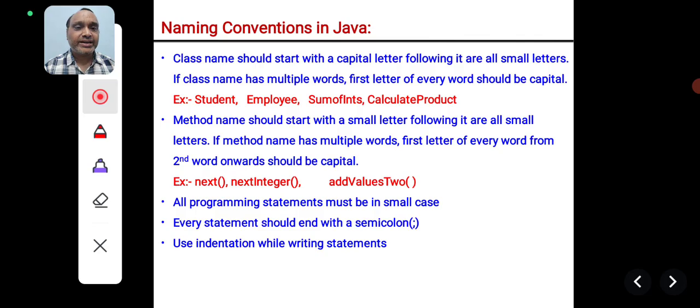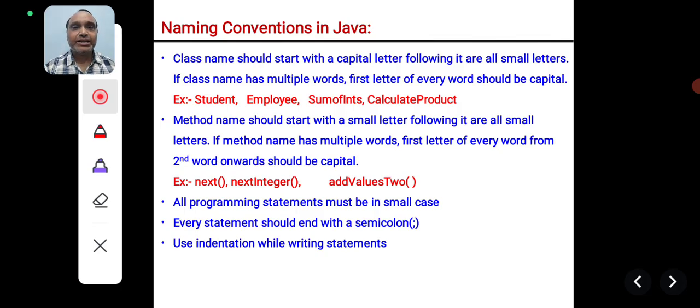When you open a brace, the next lines you write after the opening brace must be given some 4 or 5 characters of space from the brace position, and all the statements should be written like that until you close the brace. Between the opening brace and the closing brace, you are not supposed to have any statements that are misaligned with them.